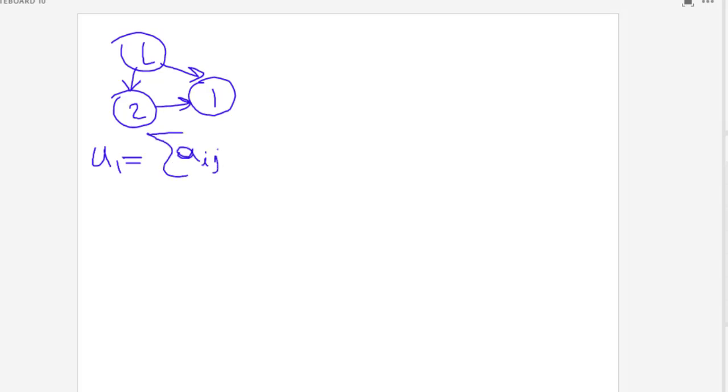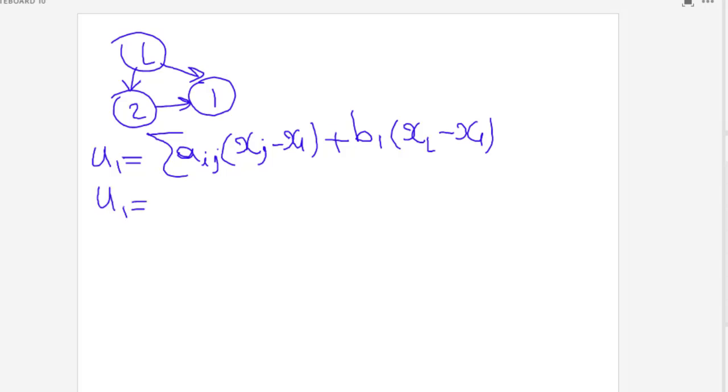And what about U1? I want to write U1. U1 is the sum of A1j times (Xj minus X1) plus B1 times (X leader minus X1).